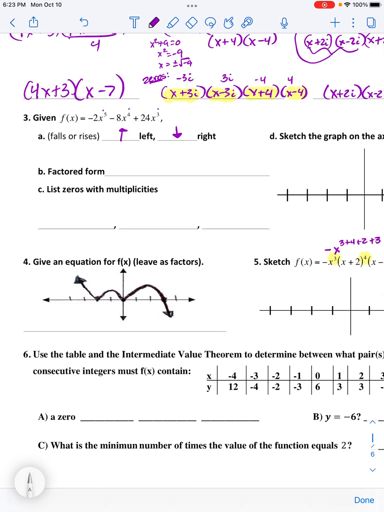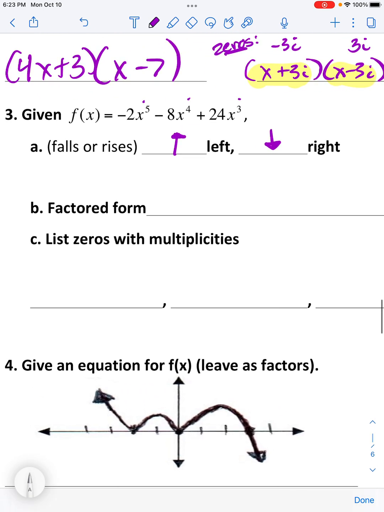Okay, so I have to factor this out. And so looking at my options, I'm going to pull out a GCF. So I'm going to take my function, and it says factored form. So that's just a different form of the polynomial. So I'm going to leave it as a polynomial and start with f of x equals.